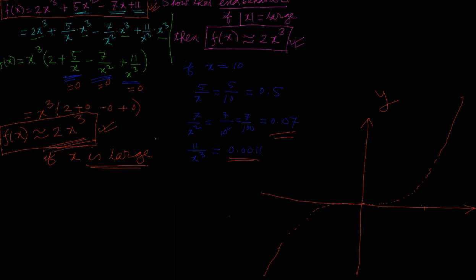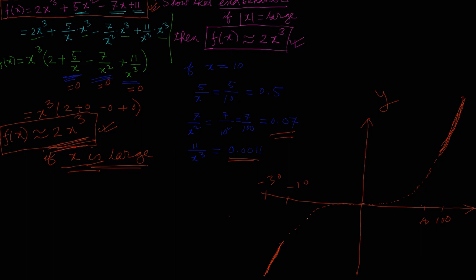Now when x is large, let's say here x is 10, here x is 100 or something, or here x is negative 10, here x is negative 30. So this is the behavior. The end portion of the behavior is similar to my 2x cube.